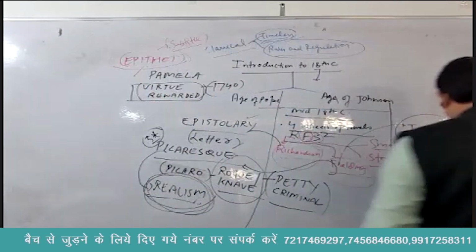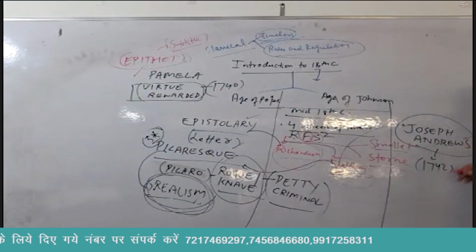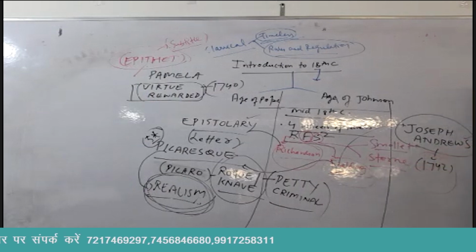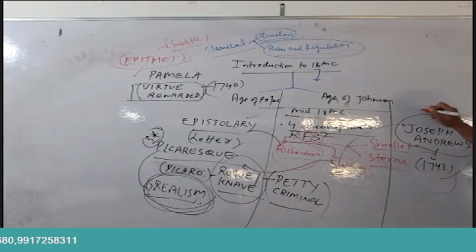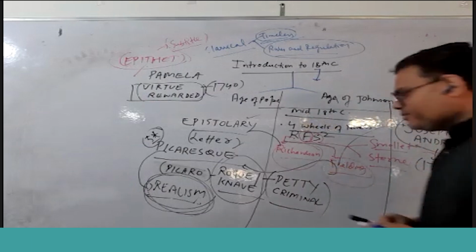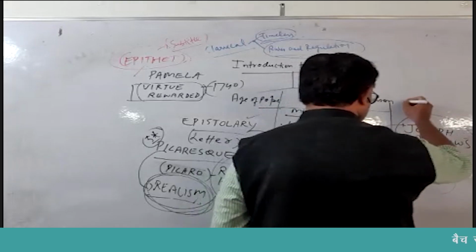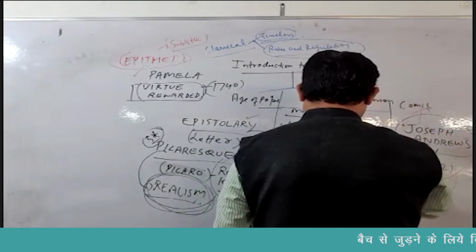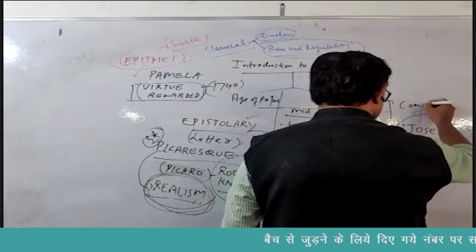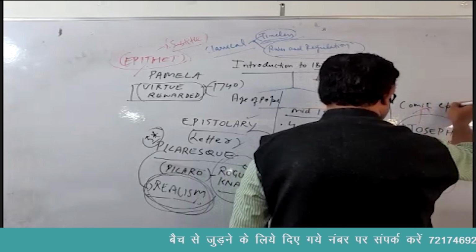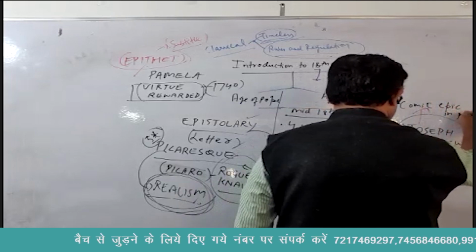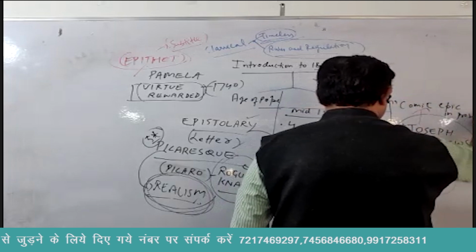So what I'm telling you is that Joseph Andrews is the novel whose name came in 1742, and here the author coined a famous term, comic epic in prose. According to this, novels were written for a comic purpose, for entertainment, for pleasure.